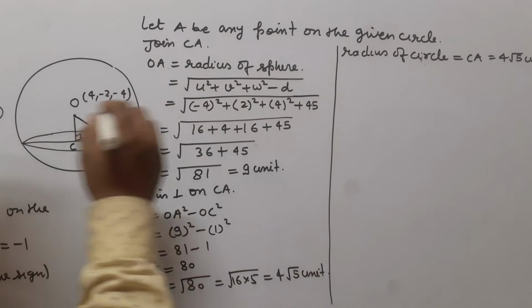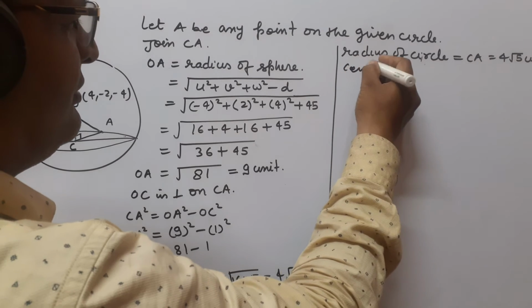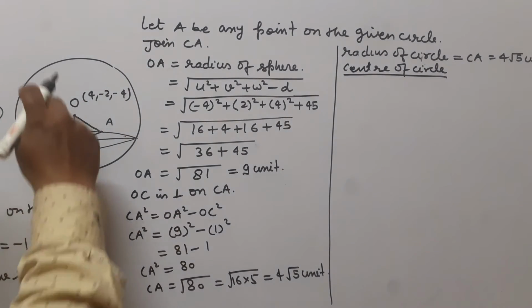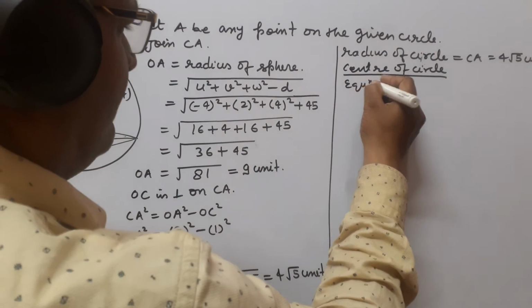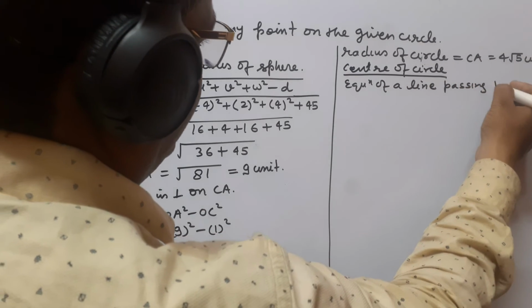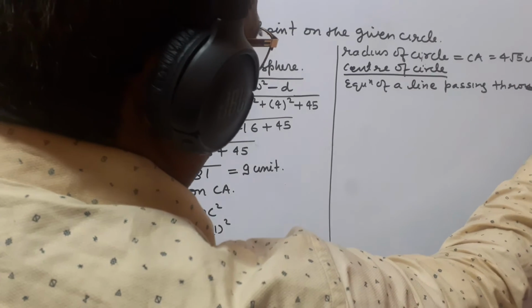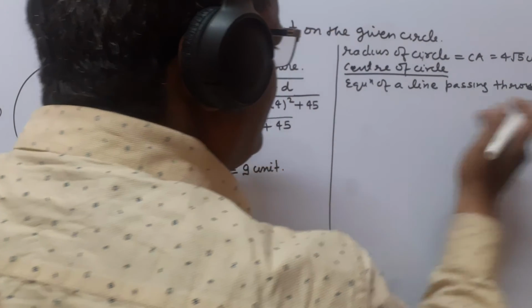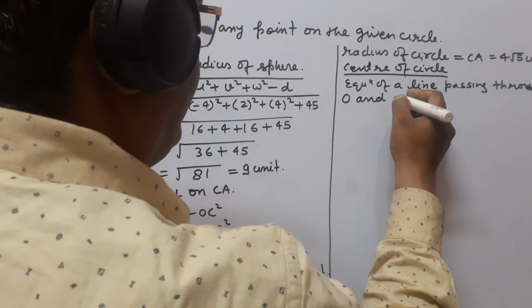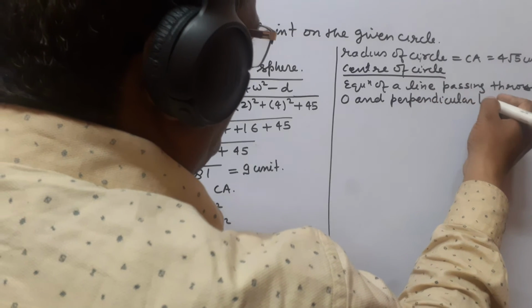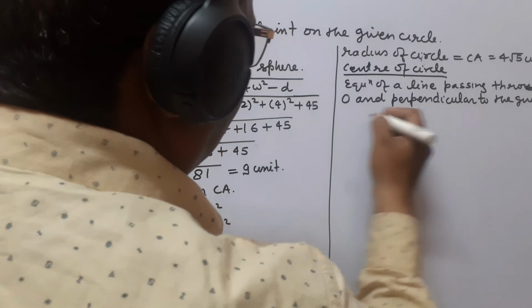So first we write here center of circle. Now we find here equation of a line passing through O and perpendicular to the given plane.